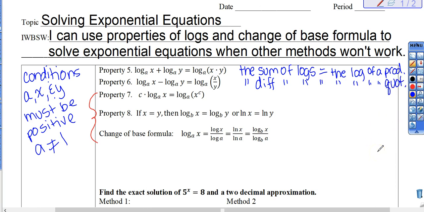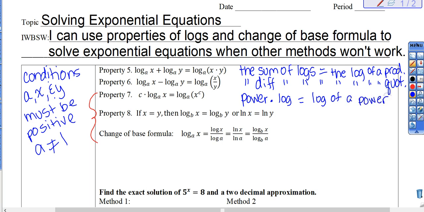I just copy the word above so that I don't have to write them. So the difference of logs equals the log of a quotient. Property 7 is your power property, and it says this. The power times the log is equal to the log of a power.